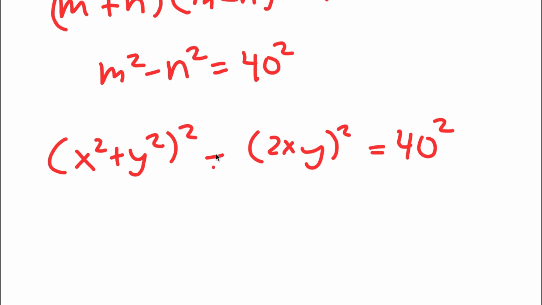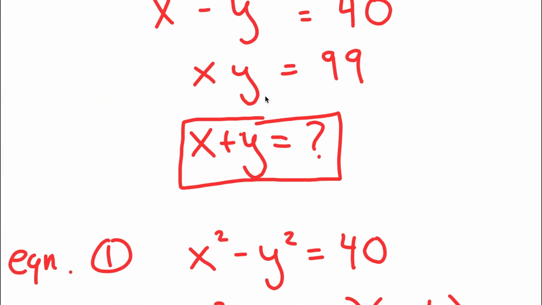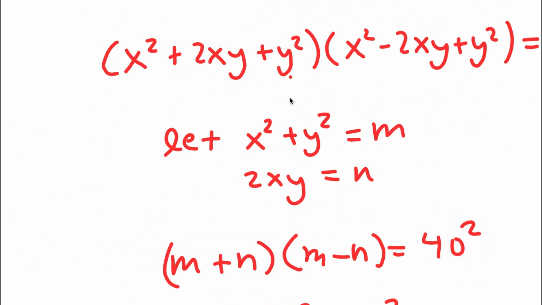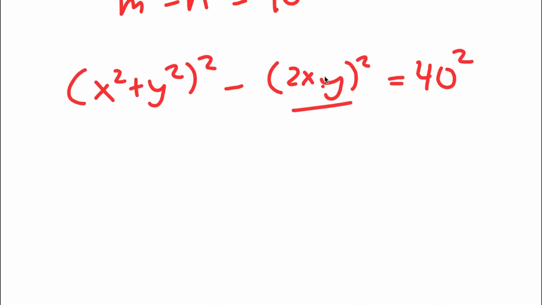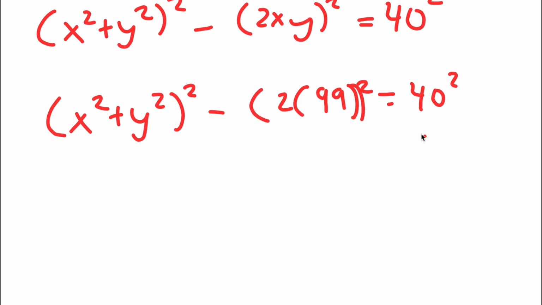Now, remember how x times y is 99. So if x times y is 99, we have x times y over here, and I'm just going to plug that in. So now I have (2 times 99) squared is equal to 40 squared.